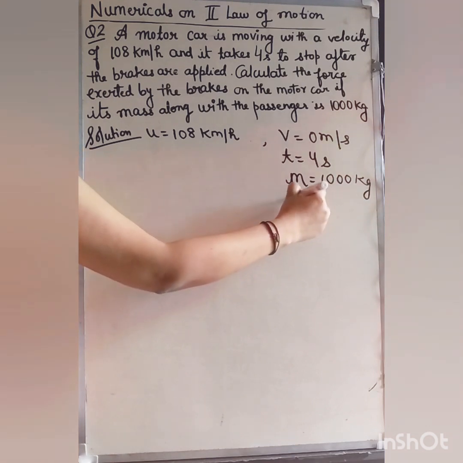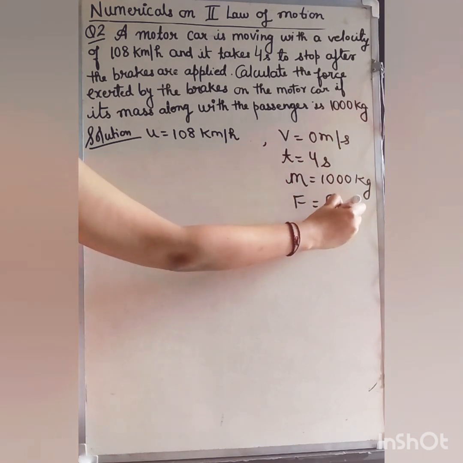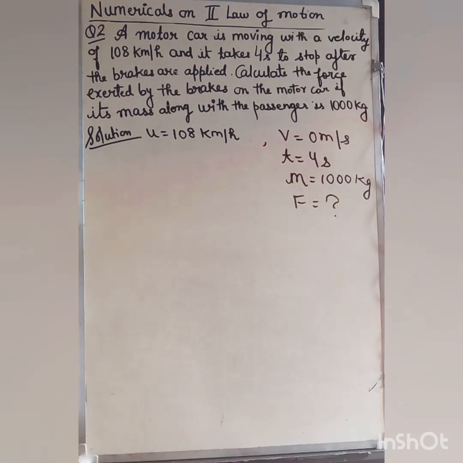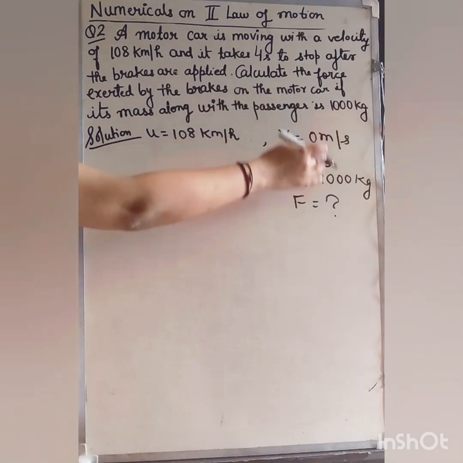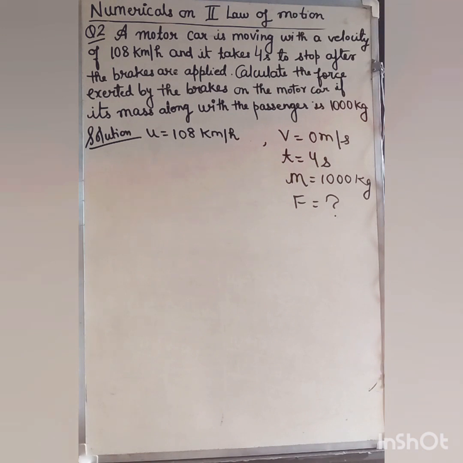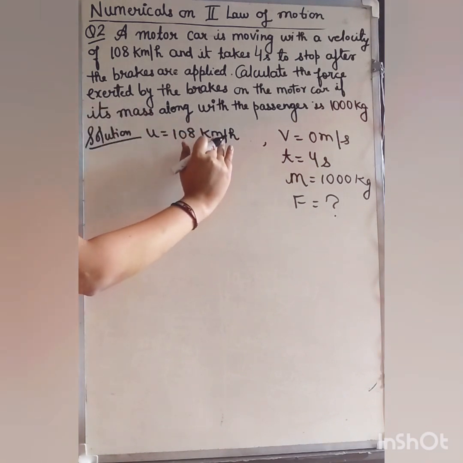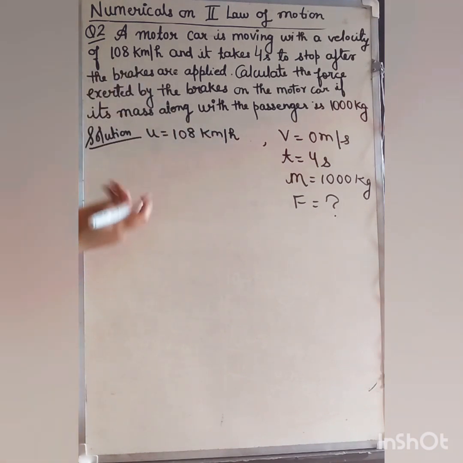So students, you have to find out the force exerted by the brakes. We can clearly see that all the values are given in SI units except my initial velocity, which is in kilometer per hour. So the first thing I will do is convert kilometer per hour into meter per second.